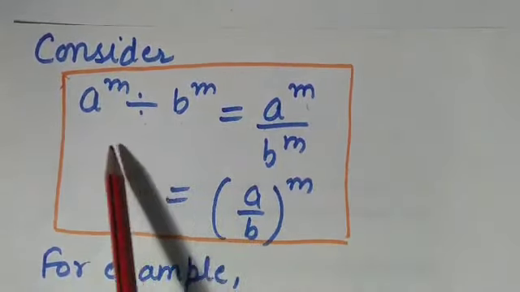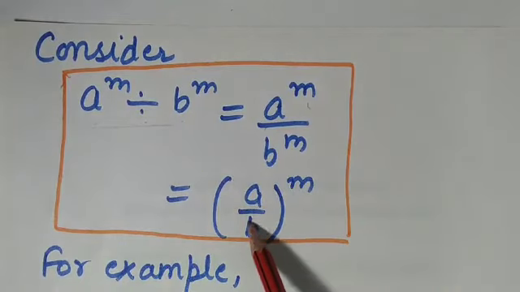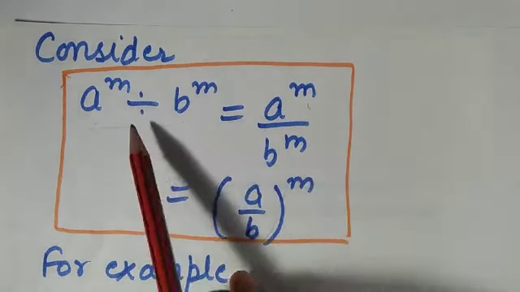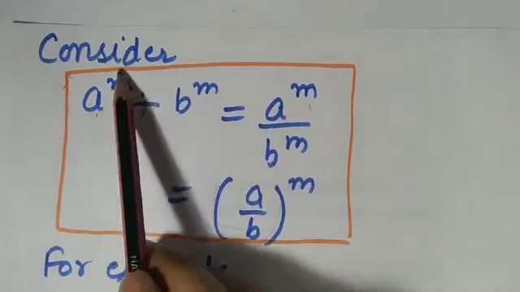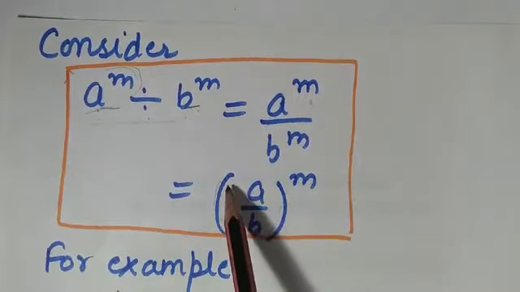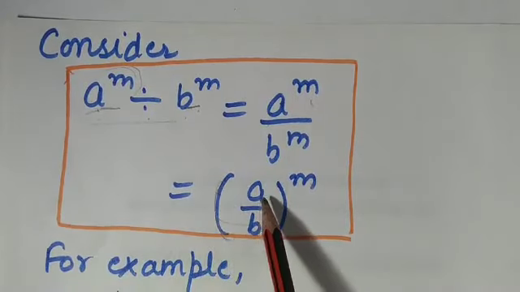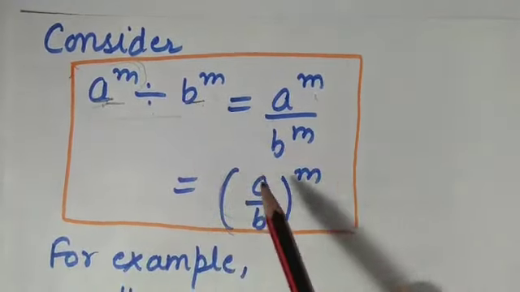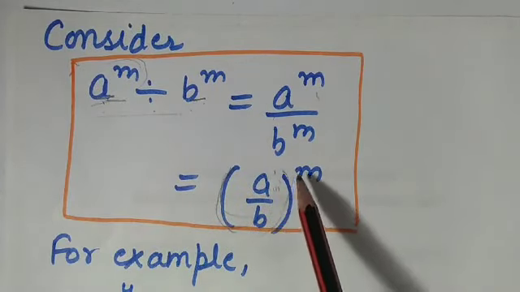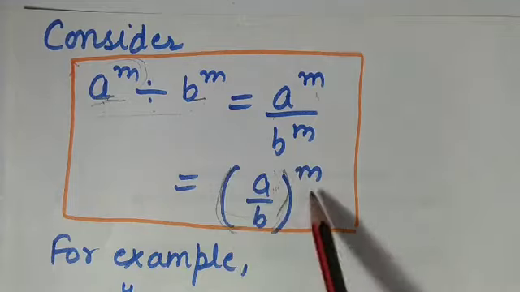Now this can be written as a by b whole raised to the power m. Initially the power is with each number. On the RHS, these bases are written in division form and they get the whole power.